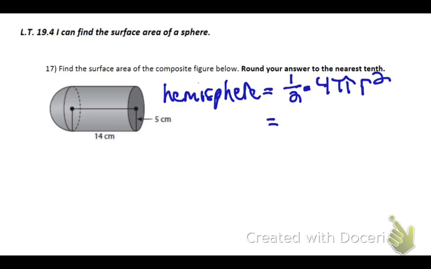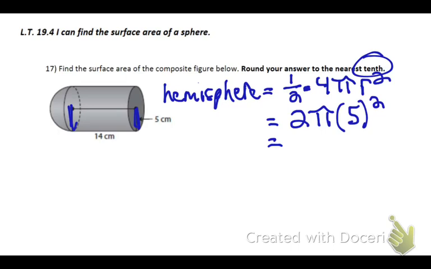So this is 1/2 times 4, which is just a 2. So 2 times pi. Looks like the radius is the same here. It's 5. It says round to the nearest tenth, so maybe we'll just do all that at once. Okay, so we'll add that together in a second.